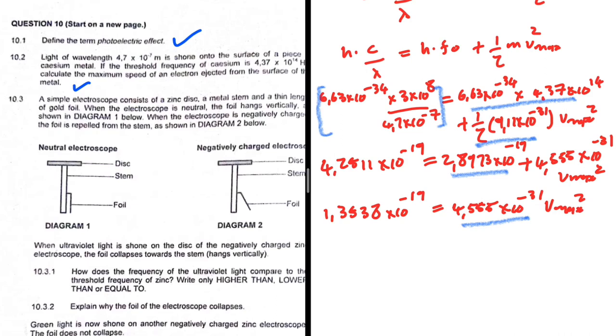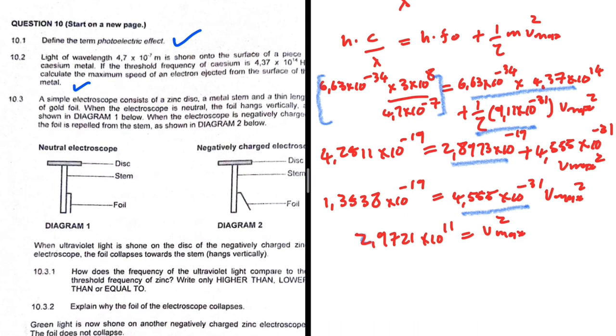Let's see. 2.9721 times 10 to the power 11 is equal to V max squared. Let's take square roots on both sides. Let me convert it to scientific notation.